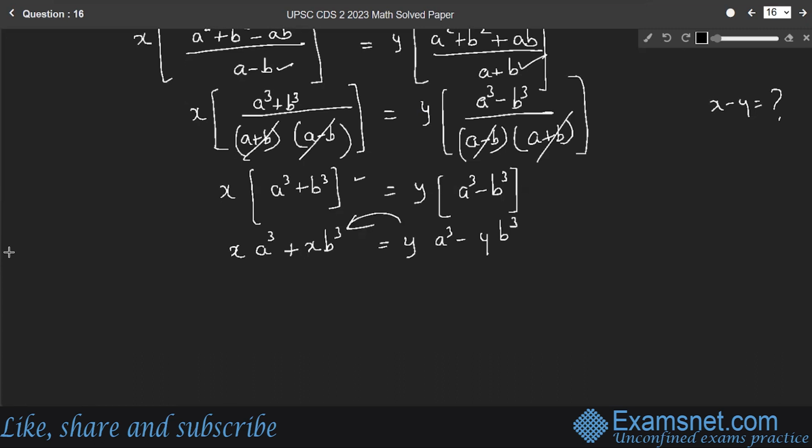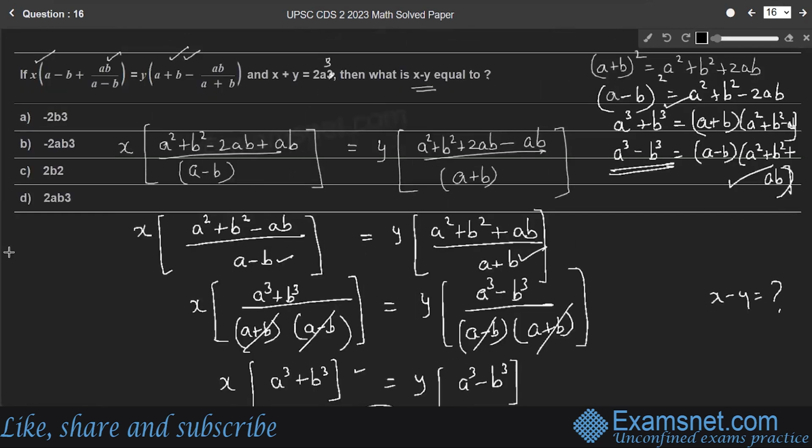So shift this y a cube to the LHS. So it becomes minus y a cube, so that we can take a cube as common and we have (x minus y), right? Plus we'll take b cube as common. So shift this to left hand side. We have plus y b cube there, right? b cube is common and we have (x plus y) as the remaining term, equal to 0.